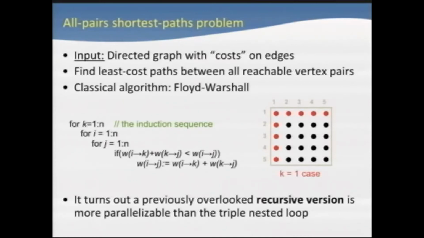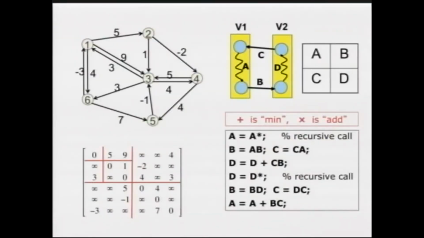It turns out that this is not the best algorithm to get high performance on parallel computers. A better algorithm is due to Kleene, which is a recursive algorithm. And all that probably matters in this slide is that this algorithm is rich in matrix multiplication. So you do a lot of matrix multiplies, except you do it in a semiring.